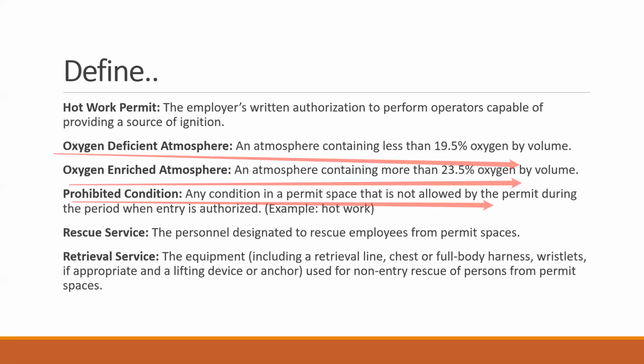Prohibited condition: any condition in a permit space that is not allowed by the permit during the period when it is authorized. It is a condition which is not allowed for anyone, and in this condition nobody is allowed to work in the confined space.